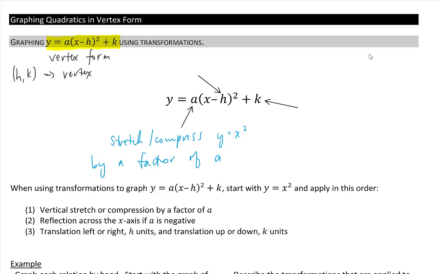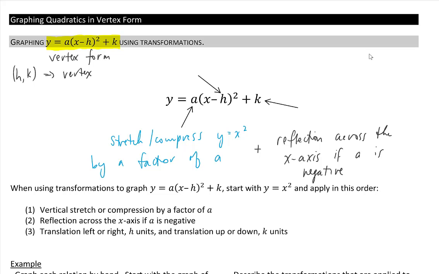And to be stretched, the a value will have to be greater than 1. The second thing it does, it tells you if the parabola opens up or down. So this tells you if there's a reflection across the x-axis, only if a is negative or less than 0.